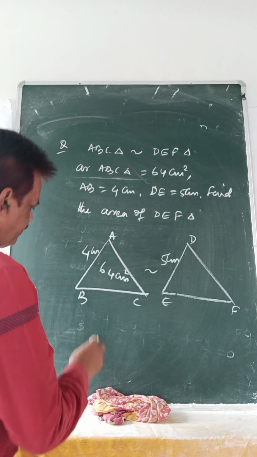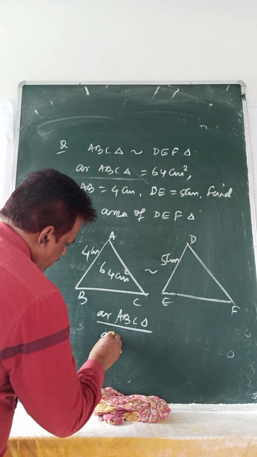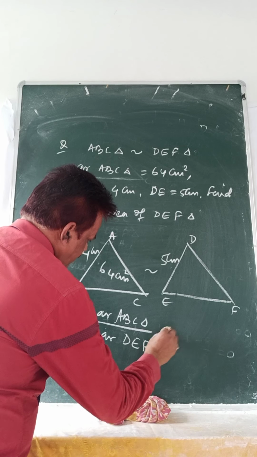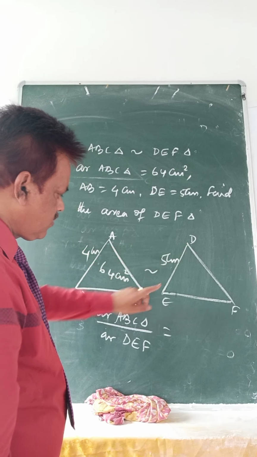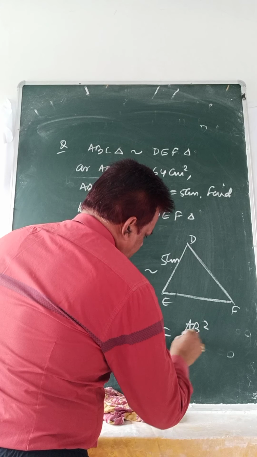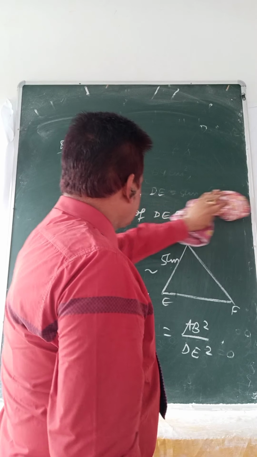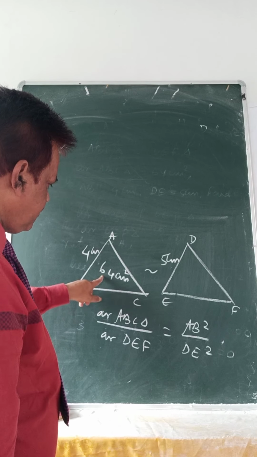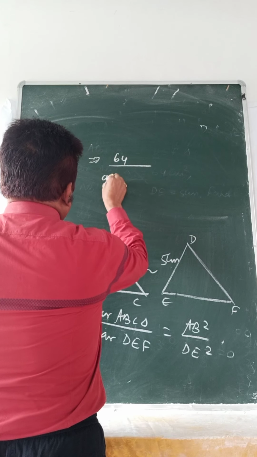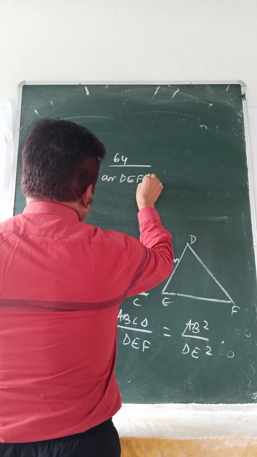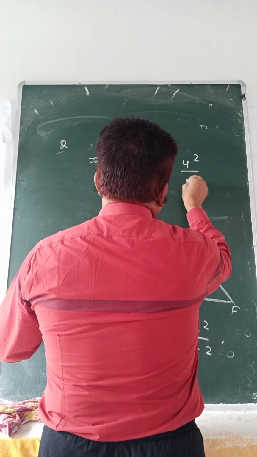So formula will be area of ABC triangle by area of DEF triangle. Which side is given, that you will take: AB square by DE square. So put the values. Area of ABC, how much will we put? 64, by area of DEF triangle. AB square means 4 square by 5 square.